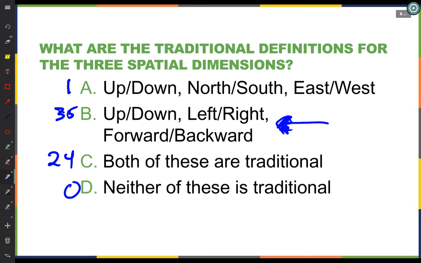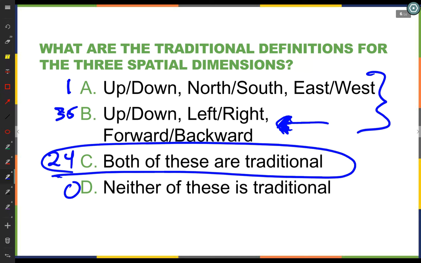Because it's quicker to write X, Y, and Z than those words. And when we use north, south, east, west, we'll probably just use N, S, E, W and keep with that. So the fact is, both of those fit within our traditional sets of coordinates.